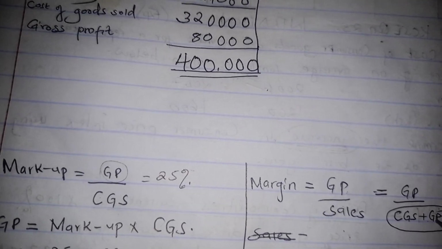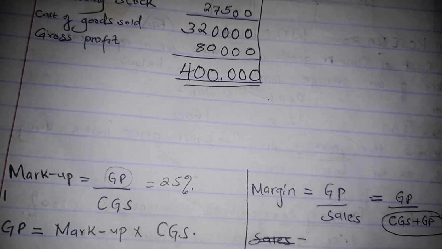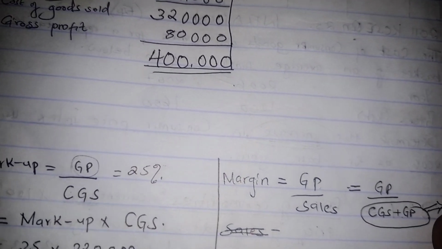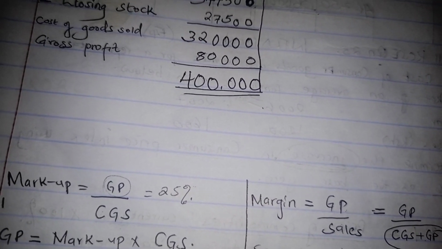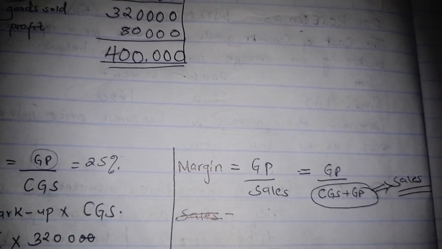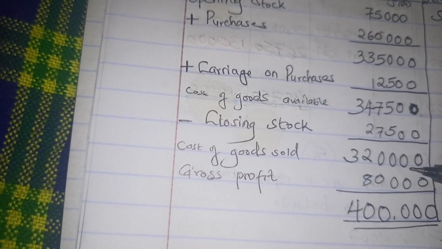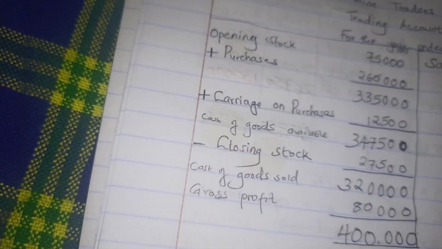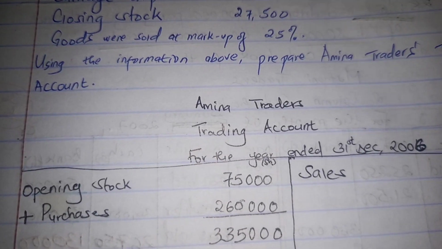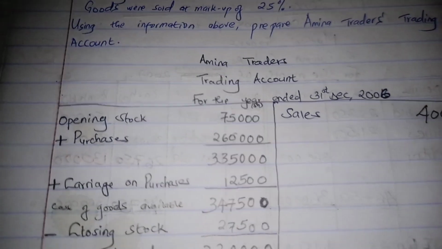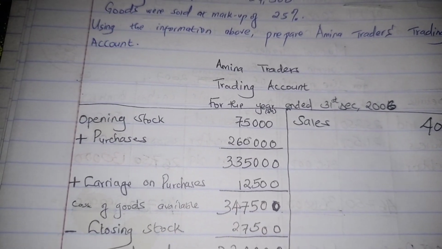Because cost of goods sold plus gross profit gives us the sales figure. And that is why we are here now. Cost of goods sold plus gross profit gives us our sales figure here, 400,000, and we are done.